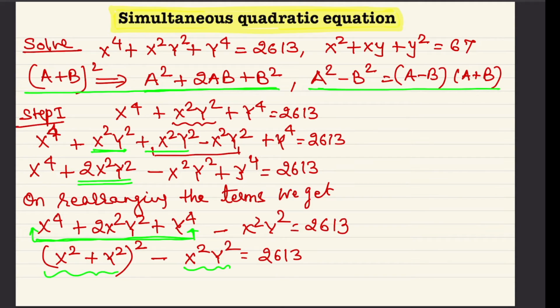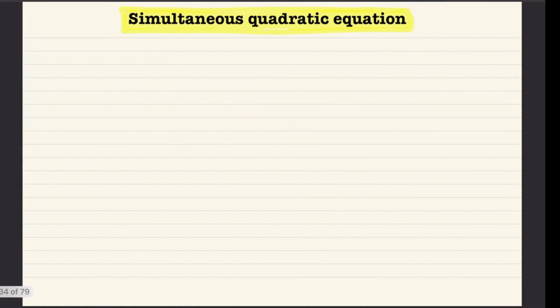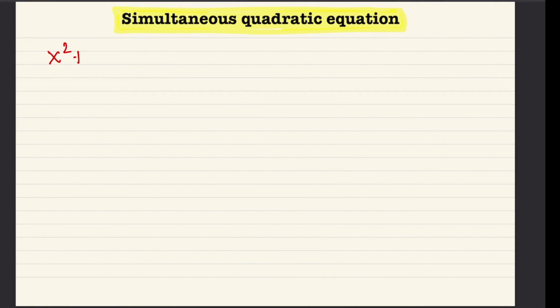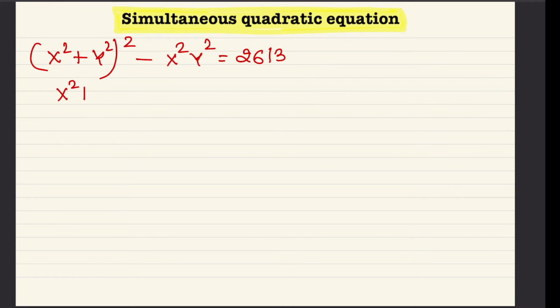So this can be reduced to (x square plus y square) whole square minus (xy) whole square equal to 2613. We'll write (x square plus y square minus xy) and (x square plus y square plus xy) is equal to 2613.